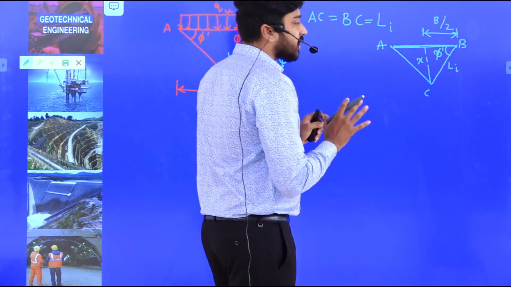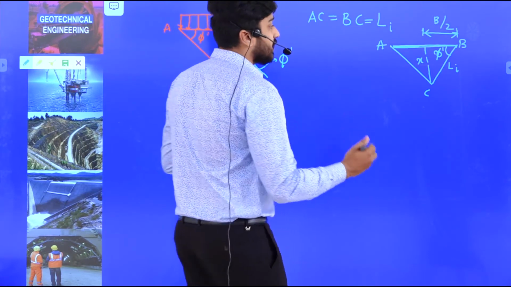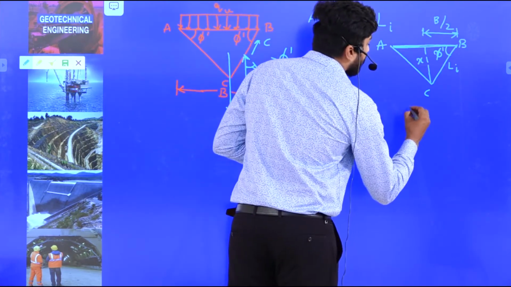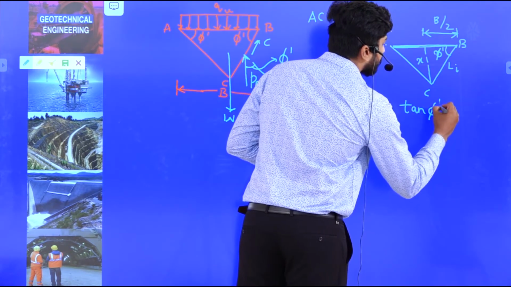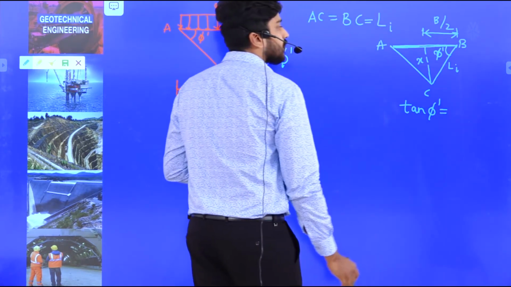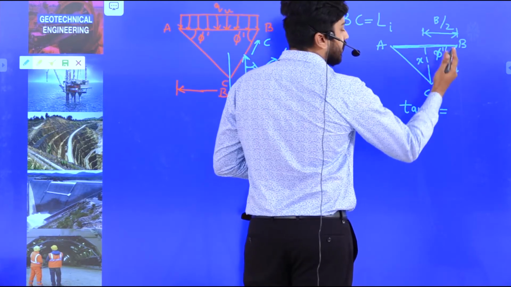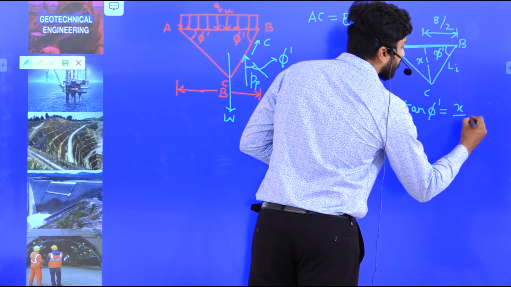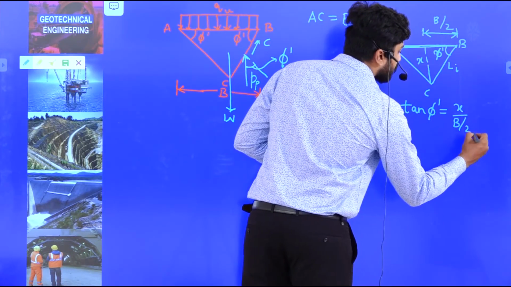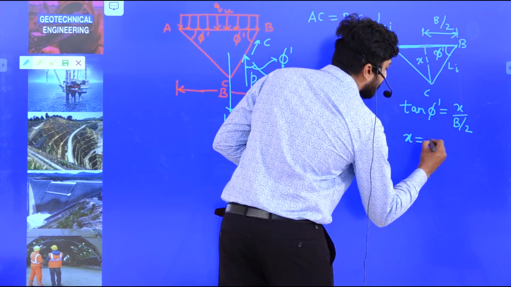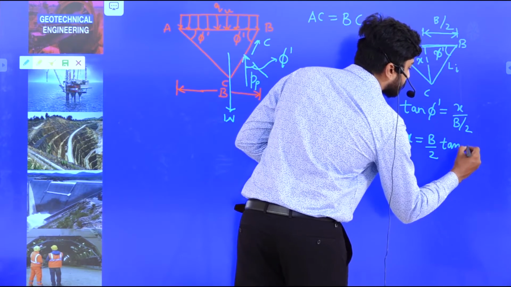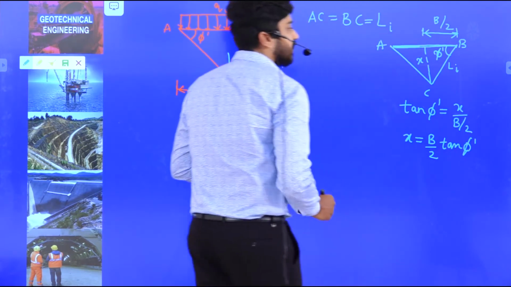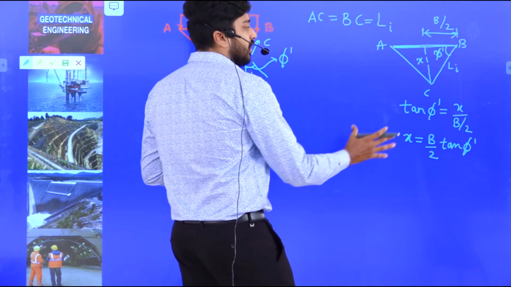From this diagram, I can write down that tan phi dash is equal to opposite side by adjacent side, so this is x by B by 2. From this I can obtain x as B by 2 tan phi dash. So I have obtained x.